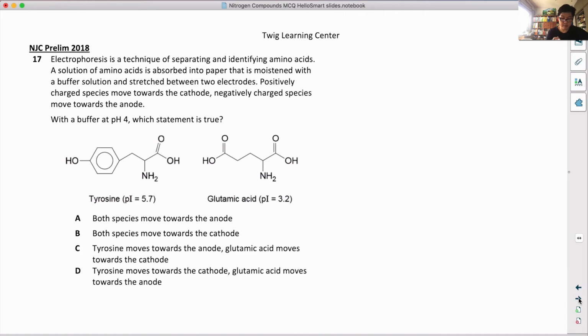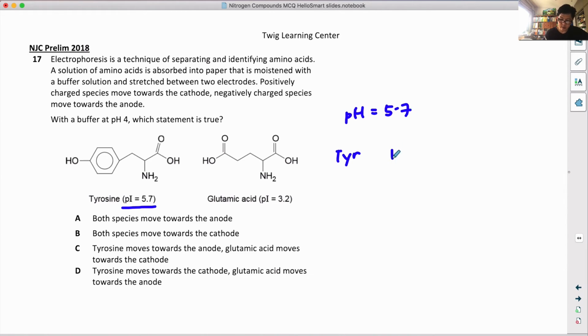Electrophoresis is a technique of separating and identifying amino acids. With a buffer at pH 4, which statement is true? So this compound here, tyrosine, I'm going to draw it out first. Tyrosine at pH equals 5.7 is actually a zwitterion.